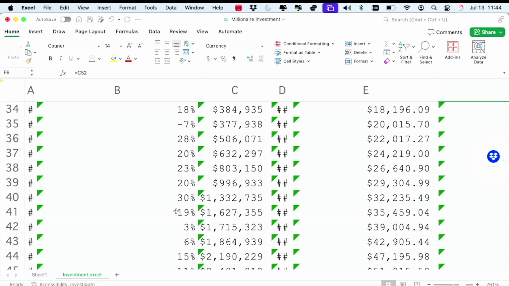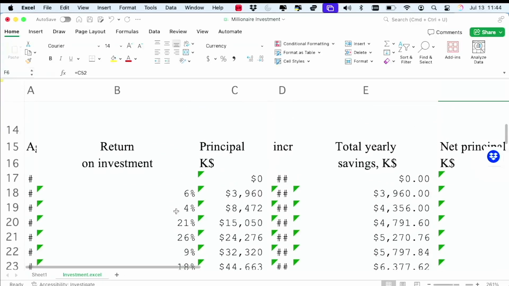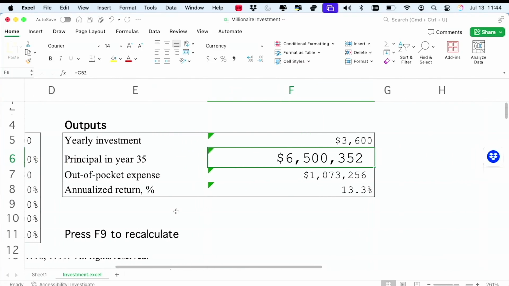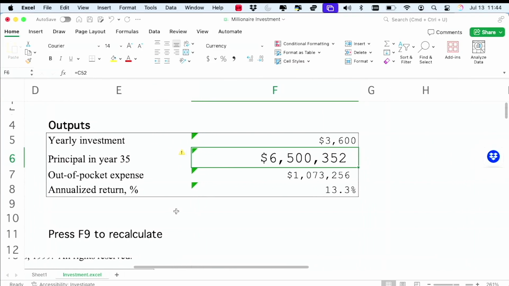Is that likely in the real world? Yeah, I guess it's possible. I mean, is it going to always fall in that sequence? In the real world, maybe not. I'd be very skeptical that 6.5 million is a realistic outcome. But certainly you could get some variation.